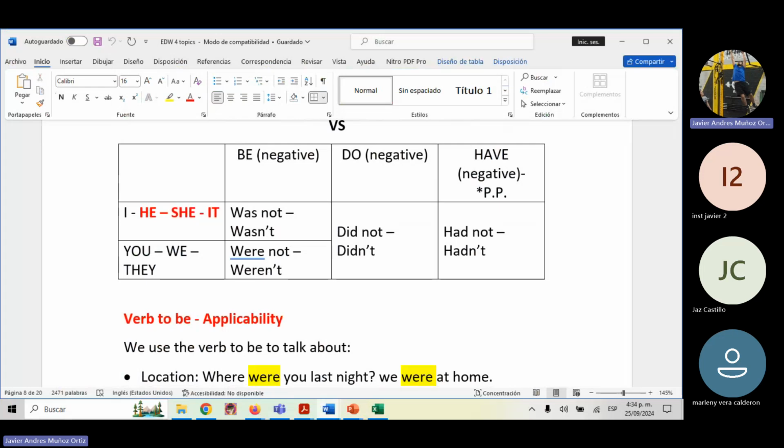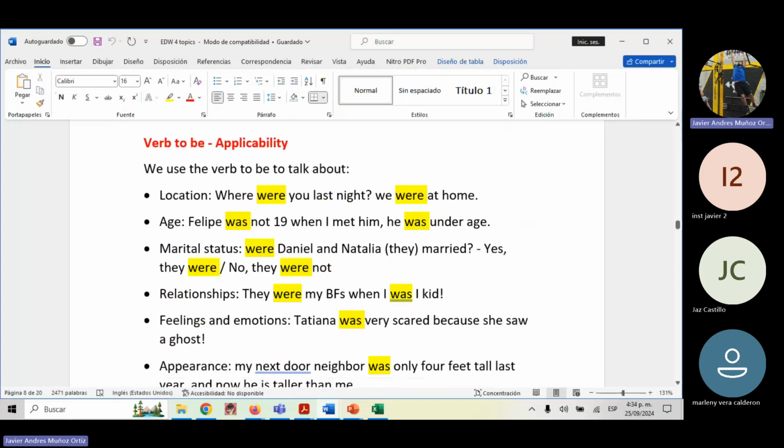Okay, so if you remember why we used the verb to be in present, we said, for example, Mariana is tall, Mariana is at home, Mariana is young, Mariana is single, Mariana is my best friend, and so on. Mariana is tall, attractive, kind, and so on.